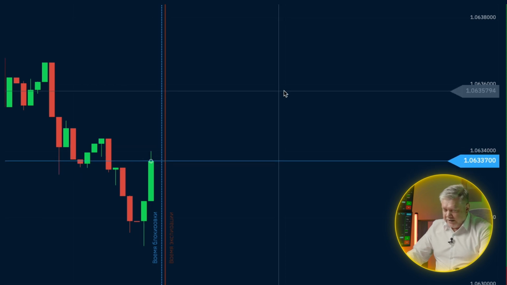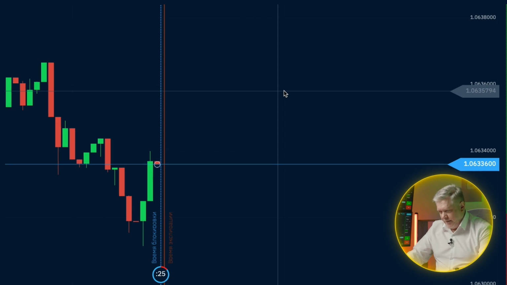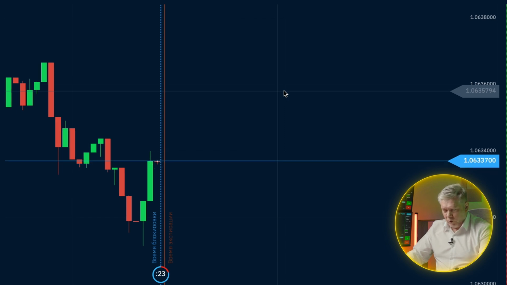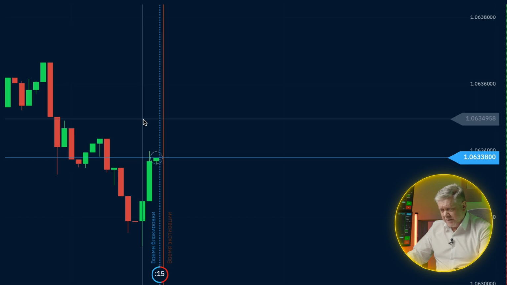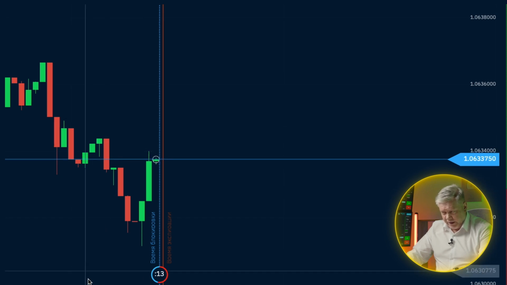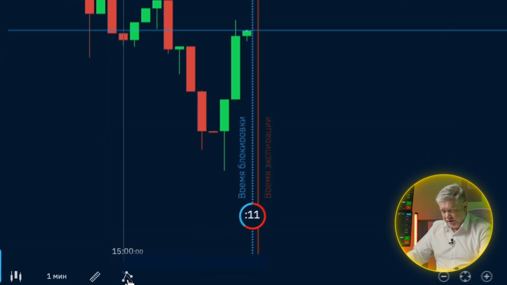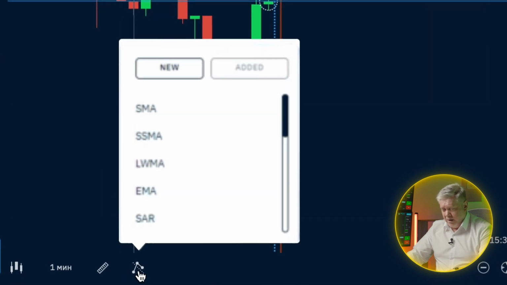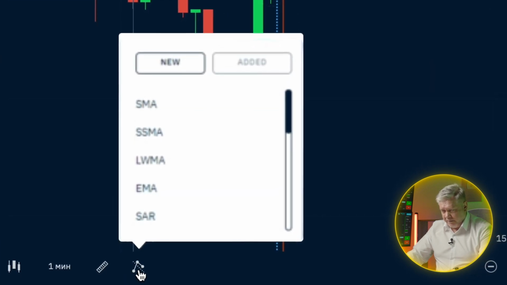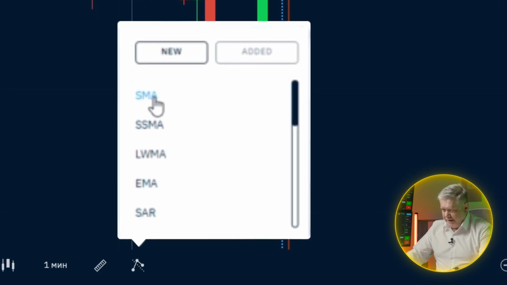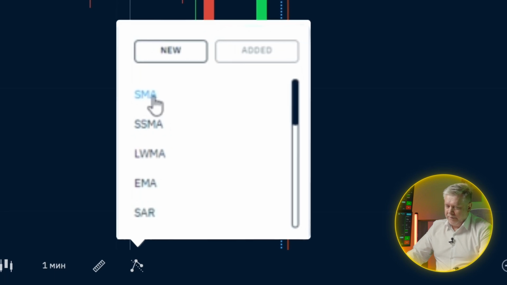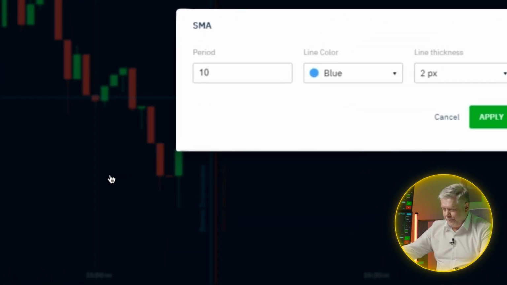I use at least two simple moving averages in trading. I set up one with a short period, the other with a long period. Here in this place, we actually have the technical analysis indicators. The simple moving average, here it is SMA, is the very first one from the top. Click on this label and in the period window select, for example, the number 5.